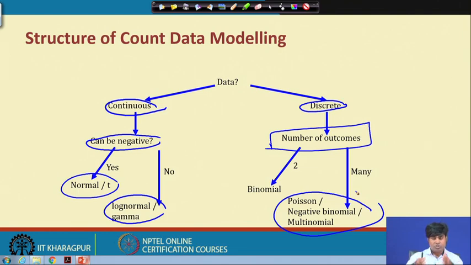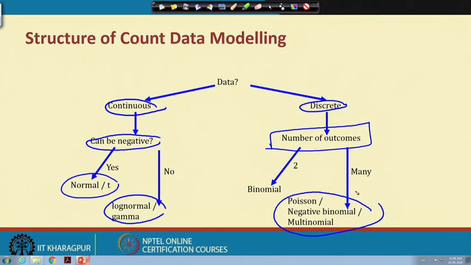And the choice of these two models, which we have already highlighted, starts with calculating mean and variance. If mean and variance are equal, then we can use Poisson distribution or Poisson regression modeling. If mean and variance are not equal, then we may go for negative binomial regression modeling.